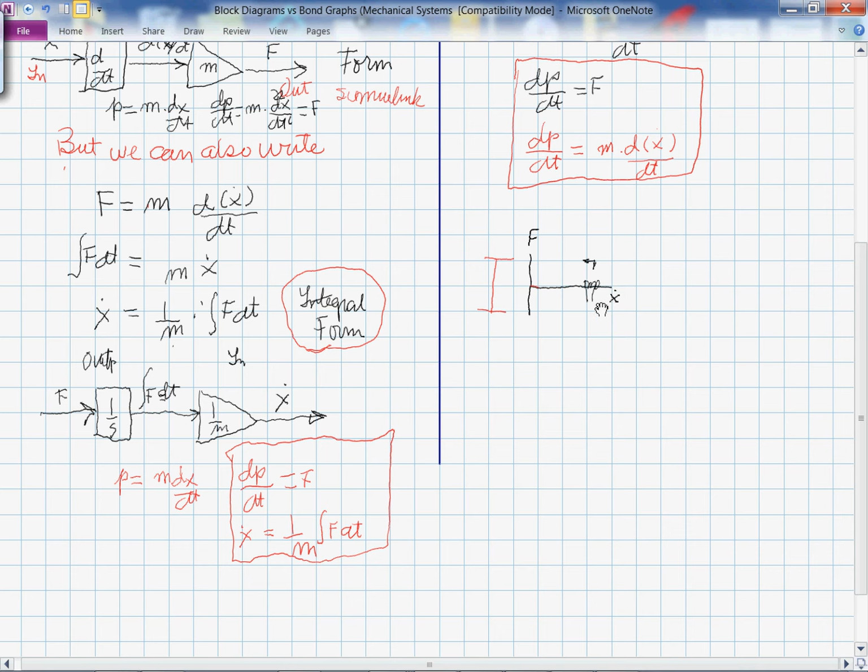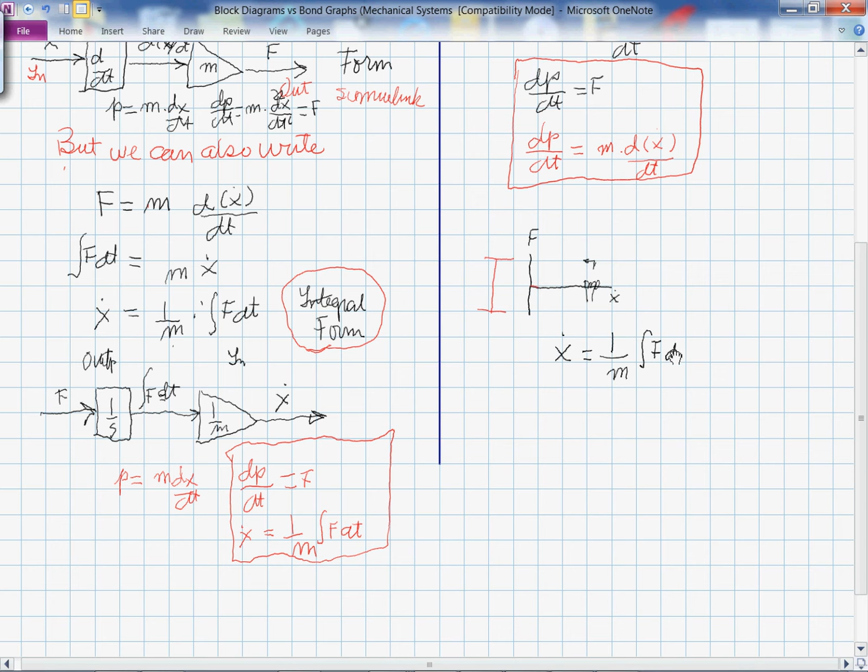So when you have the symbol here represented like this, you know that what you have is an I element in integral form in this case, because if x dot is the output, you have that x dot is equal to 1 over m times the integral of f dt.